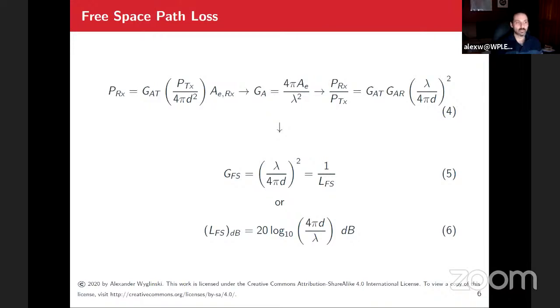But at least this gives you some useful tools to approximate the impact of these components of your communication system on your transmit and receive antenna. So with that, that is lecture 27.